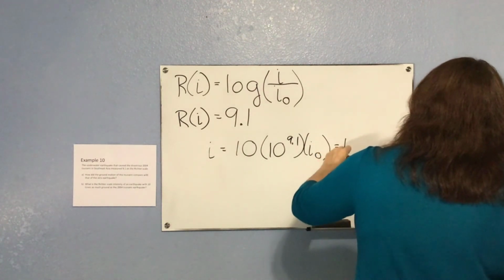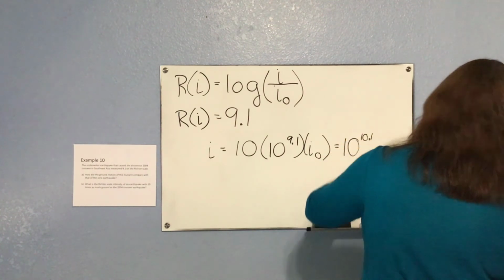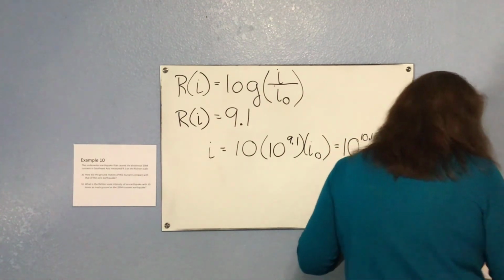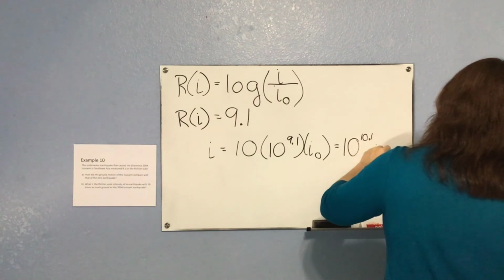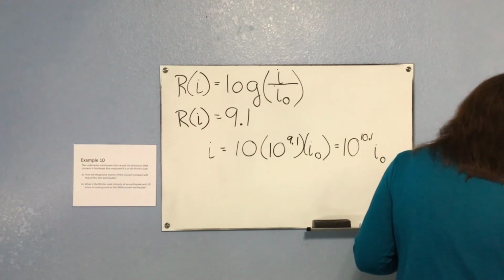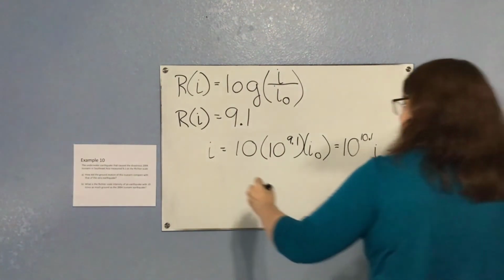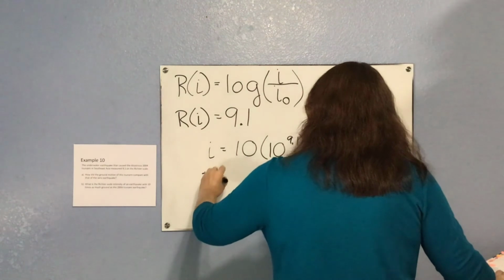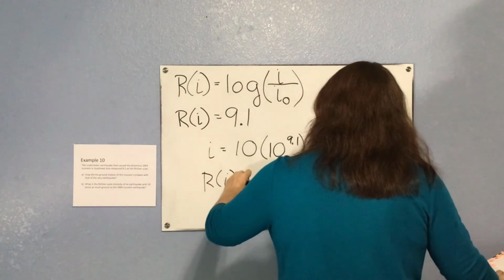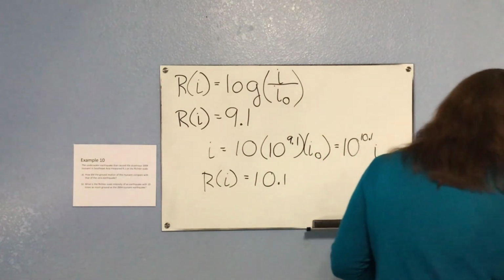So this is going to be then just 10 to the 10.1 I sub 0. So the Richter scale measurement would be 10.1.